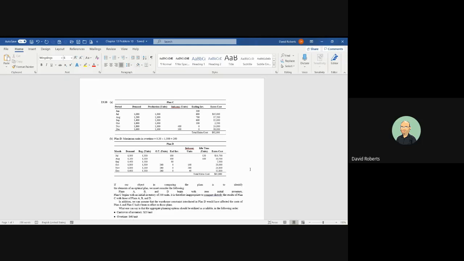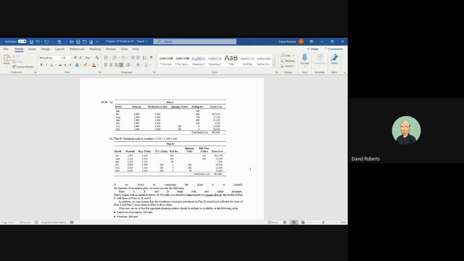So once September rolls around, our inventory starts to go down. In this particular case, we have more demand than we have production. So our inventory will go down by 100 units in September, 500 units in October, 500 units in November, but the 500 uses up more than the 100 surplus.